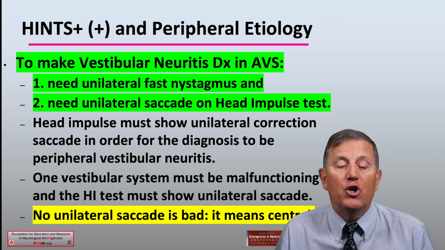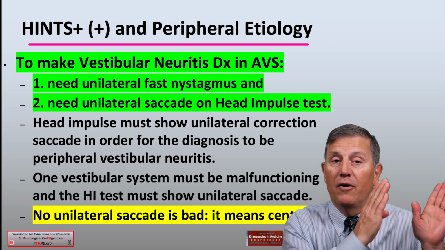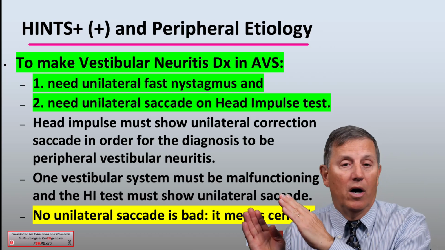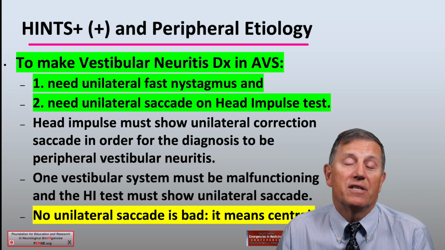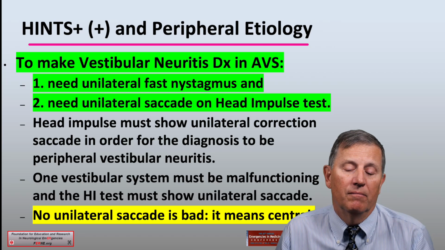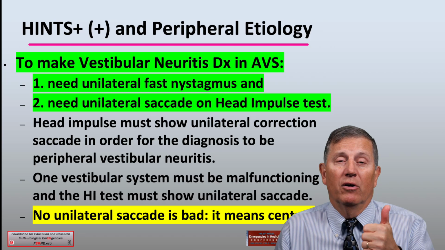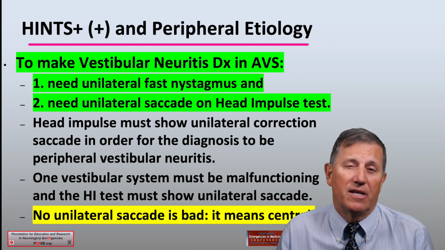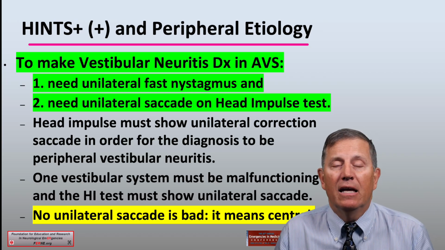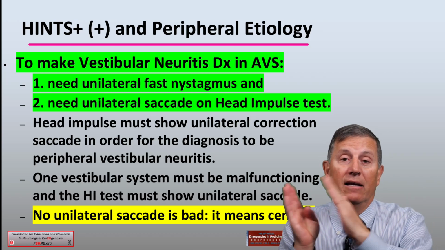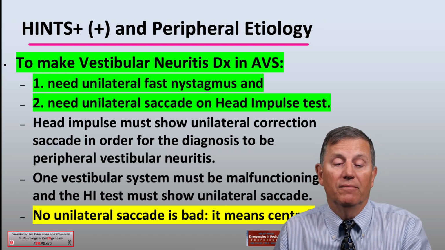You then need to have a unilateral saccade on head impulse test, where if you move the head, there's a correcting saccade on one or the other side in order to prove that one of the vestibular systems is malfunctioning. Remember, if there's no nystagmus whatsoever in a patient with acute vestibular syndrome, you need to assume a central etiology. And if there's no unilateral saccade on either side, you need to assume it's a central etiology.